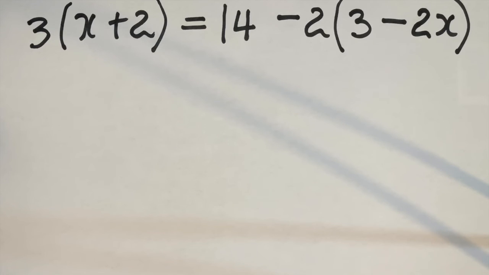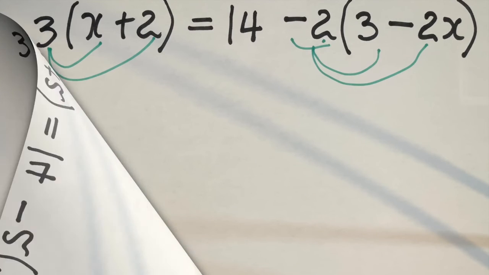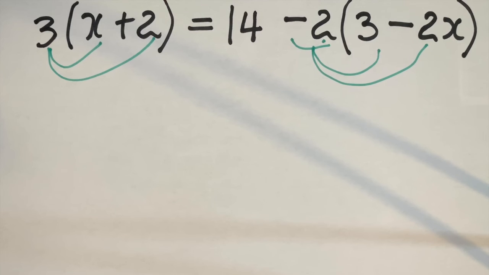Another example: 3 times (x plus 2) equals 14 minus 2 times (3 minus negative 2x). First we're going to distribute across parentheses, because we cannot eliminate fractions as there are no fractions to be eliminated. We multiply 3 by x plus 2, so we get 3x plus 6.